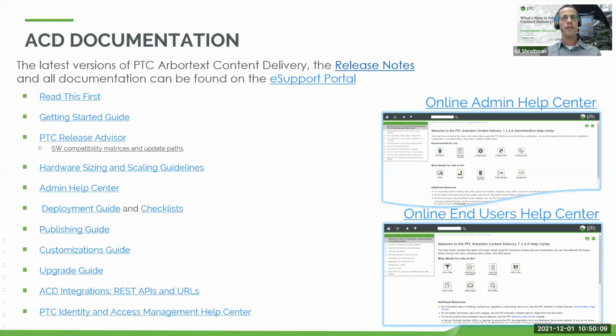So there is a couple of useful links that I've just added here for your easier tracking and reference, such as the Read This First, the Getting Started document, the Release Advisor that I mentioned that will be replacing the software matrices document that we used to maintain in earlier versions, and will provide you with much better visibility across all PTC products, the hardware sizing and scaling guidelines that are now being added with some specific guidelines around small versus medium versus large deployment scales, the deployment checklists that help you set up Arbortext Content Delivery deployment properly, as well as some other improvements around REST APIs.